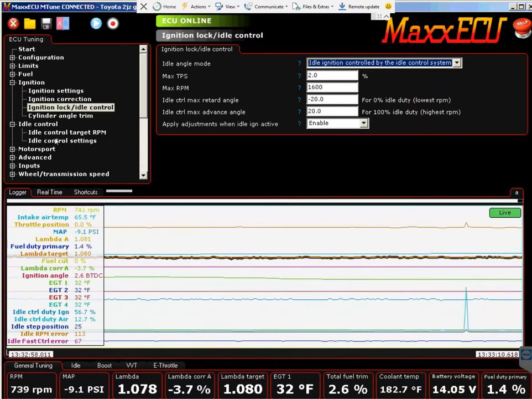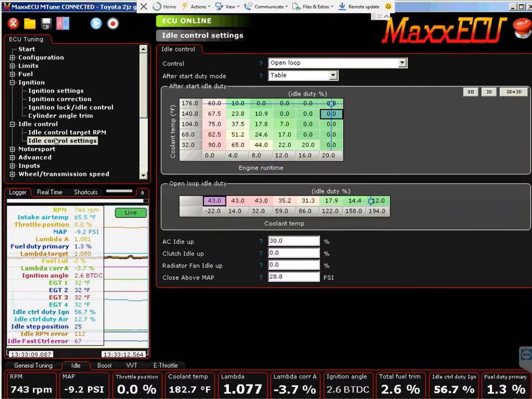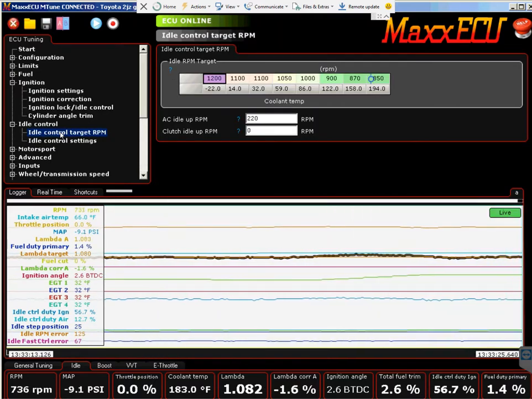And the other thing, now, I just want to point this out, is the idle table that the RPM it's requesting. And where we are temperature-wise, at 180, it should be 850. And in no way, shape, or form are we near 850 RPM.